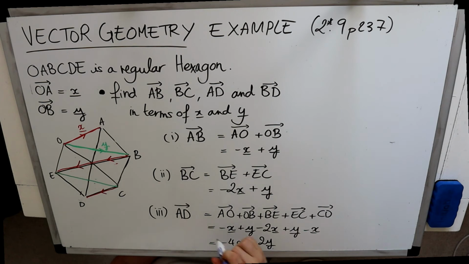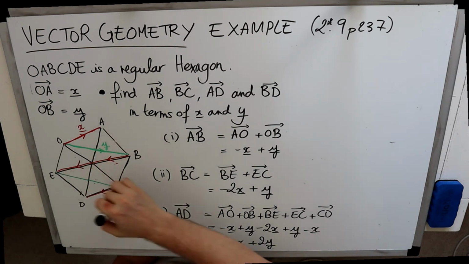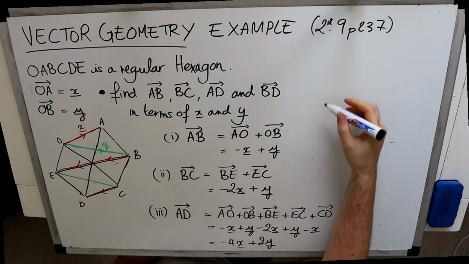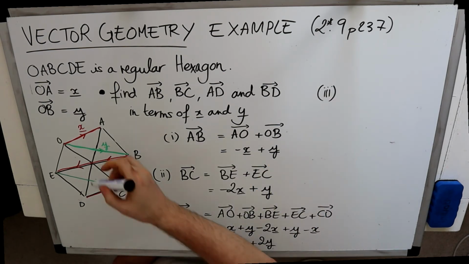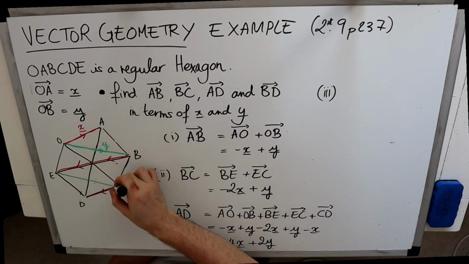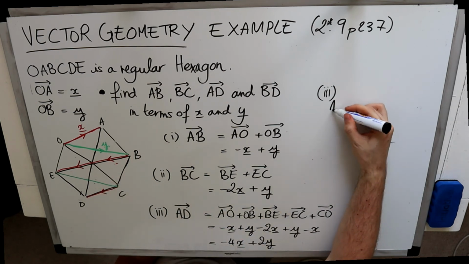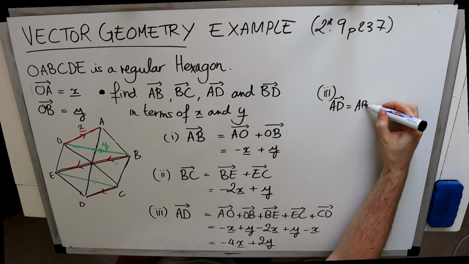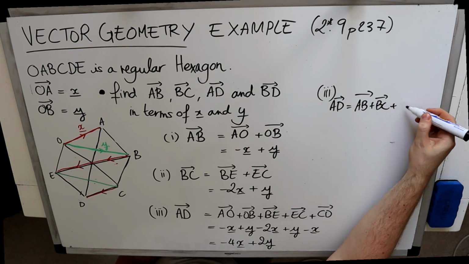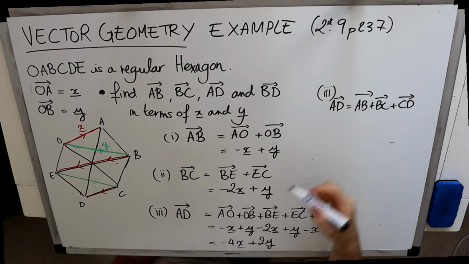But it turns out I didn't actually need to break it down because we noticed that we've repeated some of the steps. So technically, I'm actually allowed to use what I've seen before. I could do from A to B, B to C, and C to D, for example. The reason that's helpful is because I've already broken those two down. That's AB plus BC plus CD. I don't know CD, but I can figure it out.